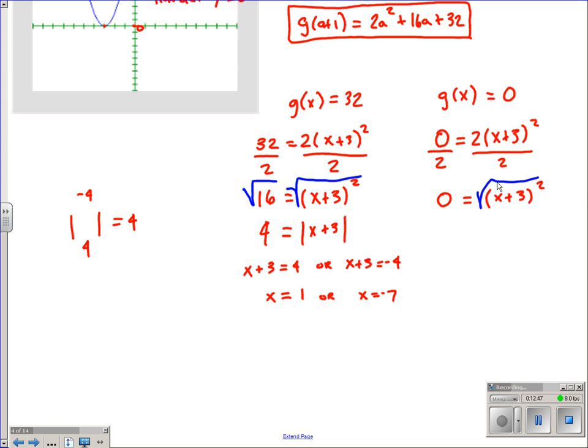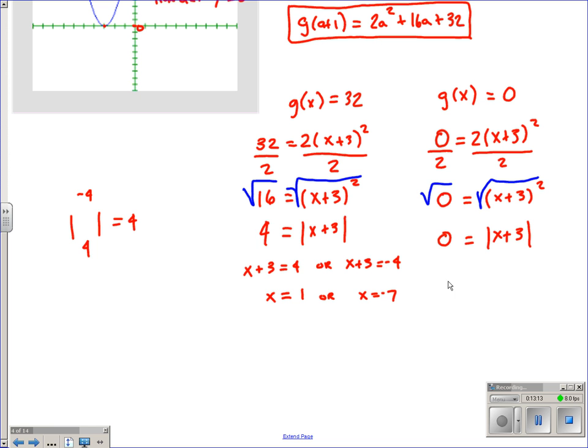Now the square root of 0 is 0. And we still get the absolute value of x plus 3 when we take the square root of that quantity squared. Well, there is only one number that is 0 units from 0, and that is 0.